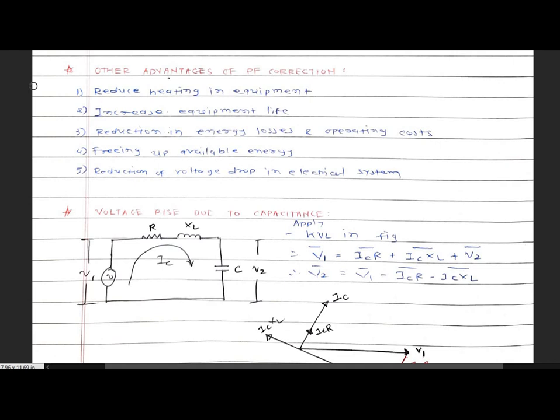Fourth one is the freeing of the available energy from the generation or apparent power, so more active power will be used from the apparent power. Fifth one is the reduction of voltage drop in the electrical systems. So these are the main advantages of the power factor correction.